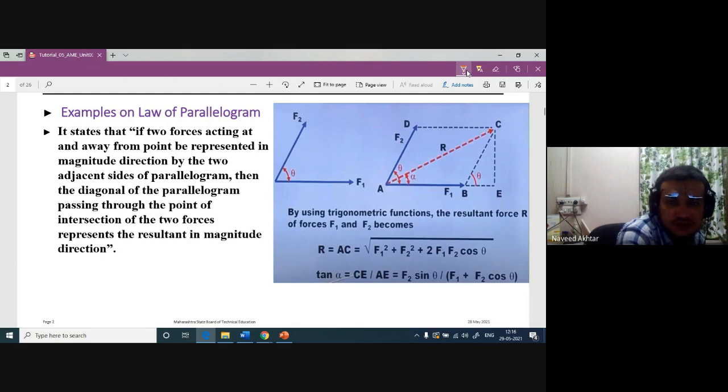That will be, you can see, the dotted line, which is F1 parallel to F2.